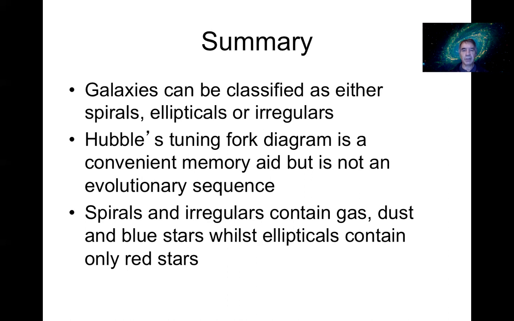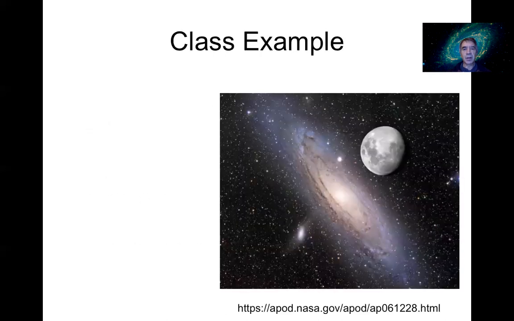And that's where we're going next: to look at the gas and dust content of galaxies, and begin to look at what we will refer to as the interstellar medium and how that is linked to the formation of new stars. Okay, so that will be the next lecture.